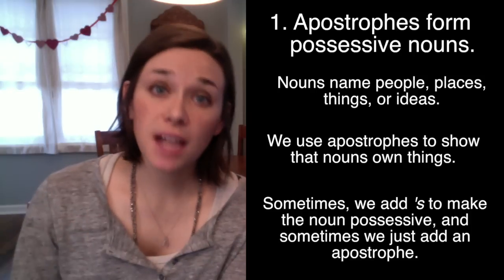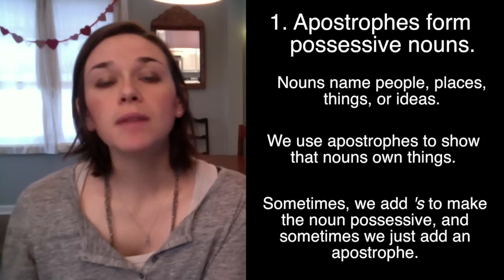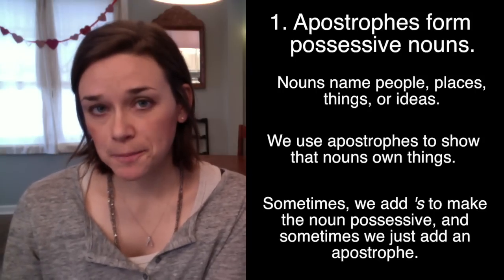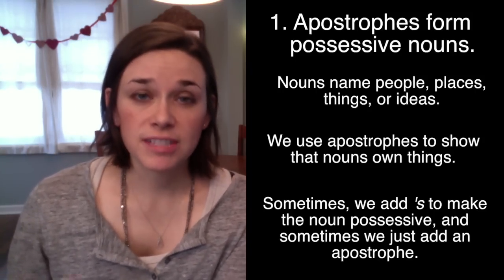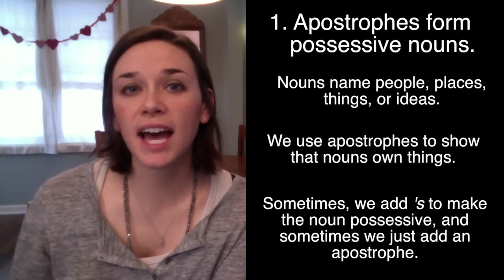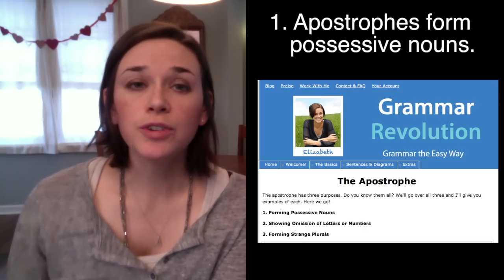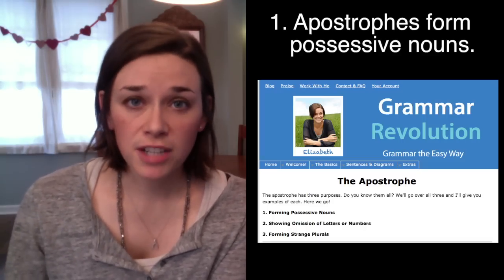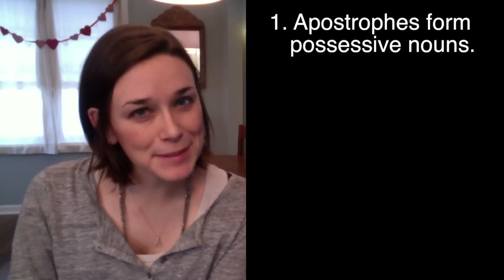And sometimes we add an apostrophe plus the letter S, and sometimes we just add an apostrophe. I'm not going to go over the rules for each of those in this video, but if you want to learn more about whether you should add an apostrophe S or just an apostrophe to your nouns, you can read the written lesson about apostrophes on our website. I will give you a couple examples though.